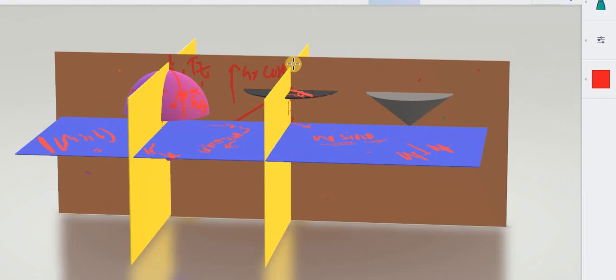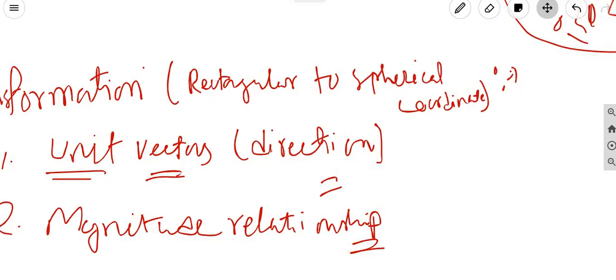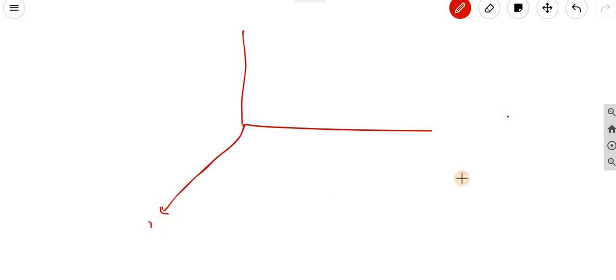So what would be the angle if this is the Z and it is acting in this theta? Here also we can consider a right angle triangle. For a better explanation, this is X, this is Y, and this is Z. Clear?